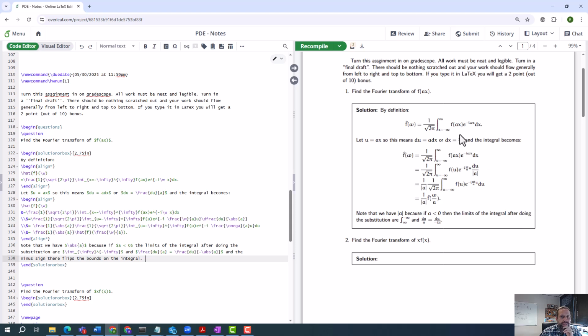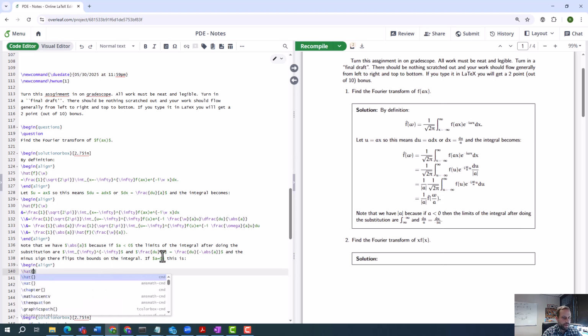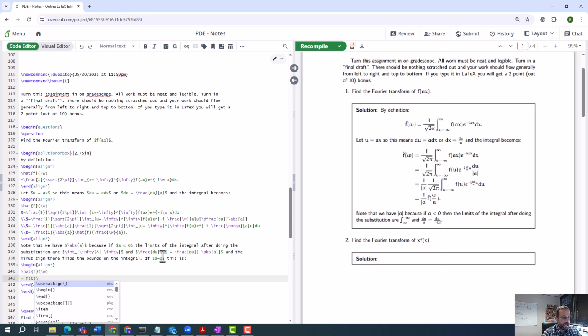Well, if a is equal to 0, what we're doing is f of 0 times e to the minus i omega x. So if a equals 0, this equals f of 0 times 1.